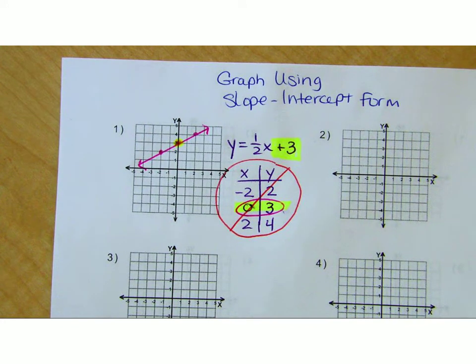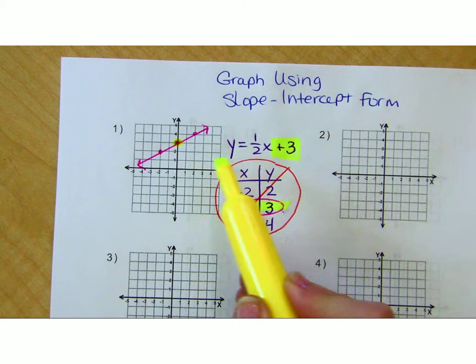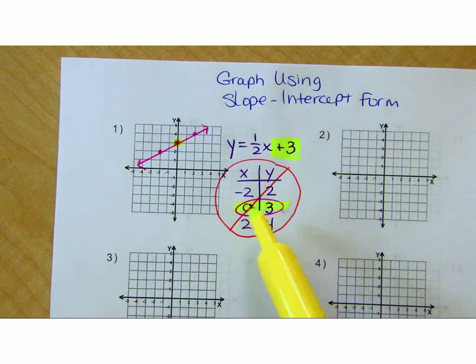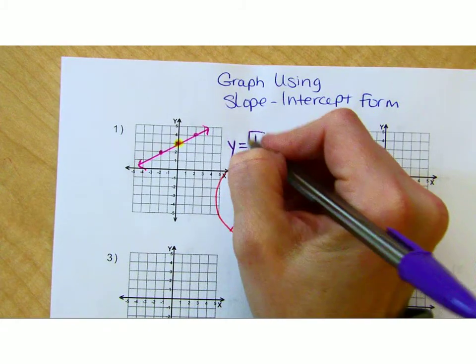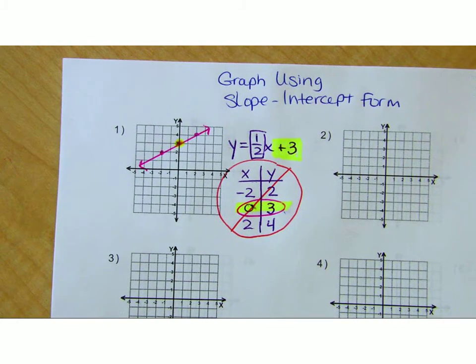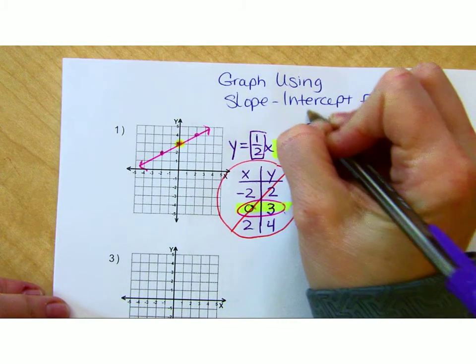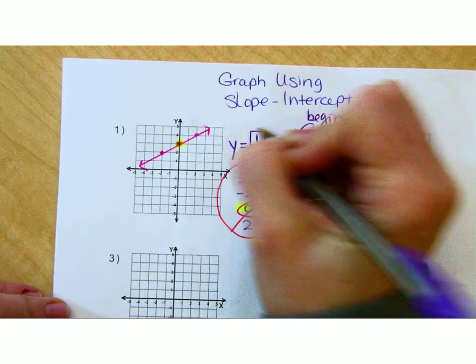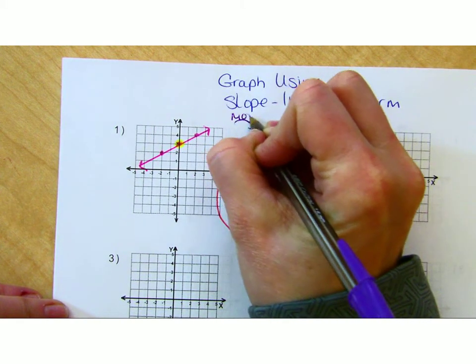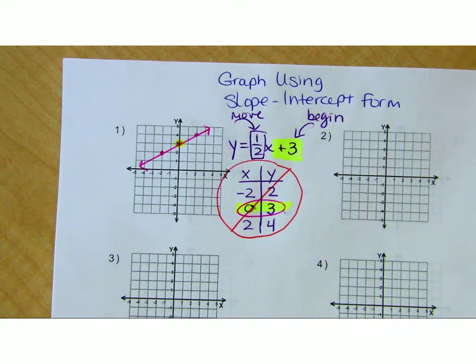So look at those 3. That 3 is here. In the table, it's with 0. Good? Then I said, hey, M stands for where you move, right? So I might write the word begin here, and I might write the word move here, keeping in mind that you move with rise over run, right?